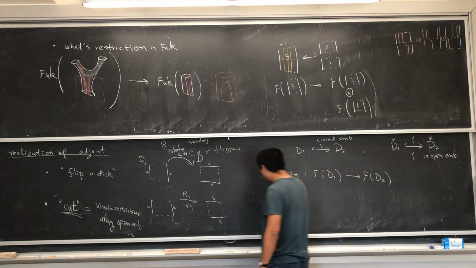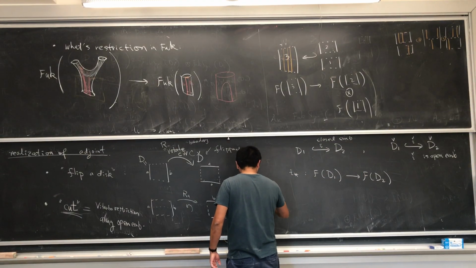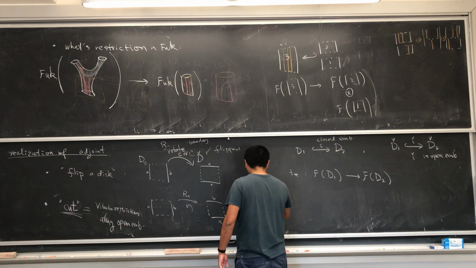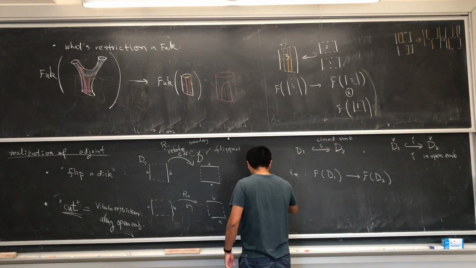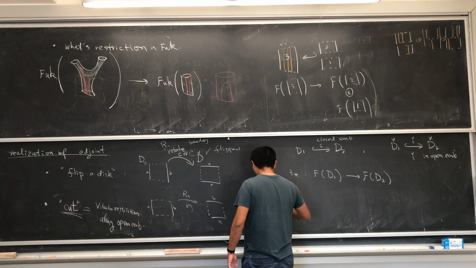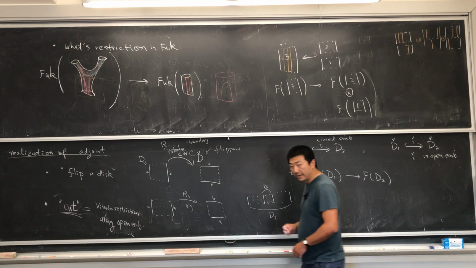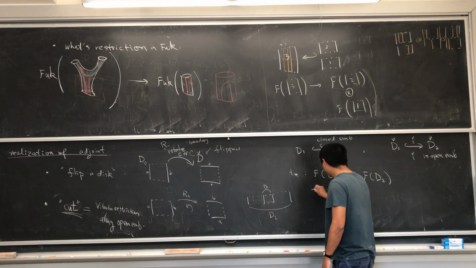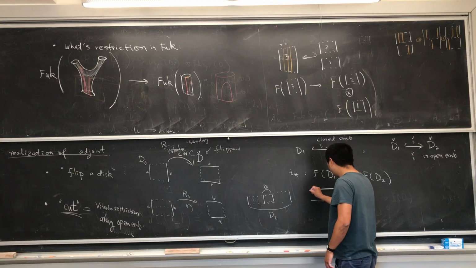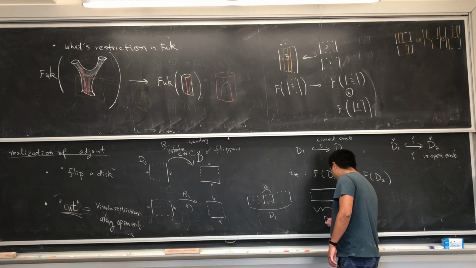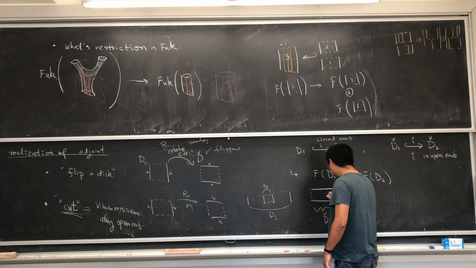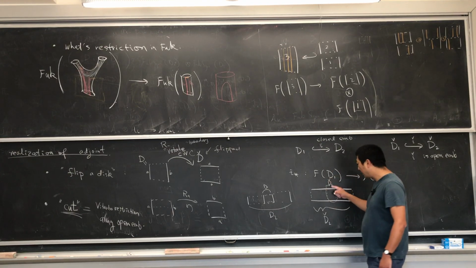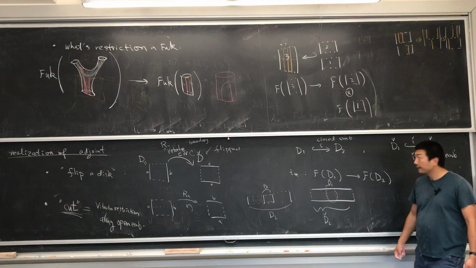Just to do an example, just to make sure, suppose this guy is D1 and this bigger guy is D2. This was a closed embedding. Now I flip the open and closed boundary. This is D2 flipped, and this guy is D1 flipped. So indeed, now D1 flipped is mapped into D2 flipped as an open embedding.